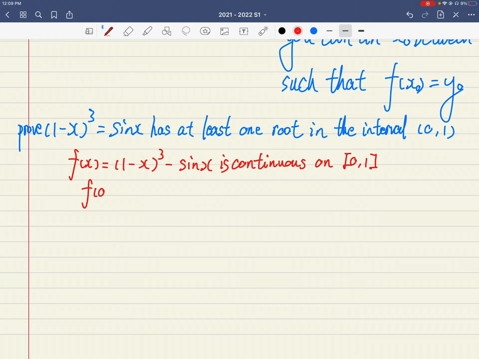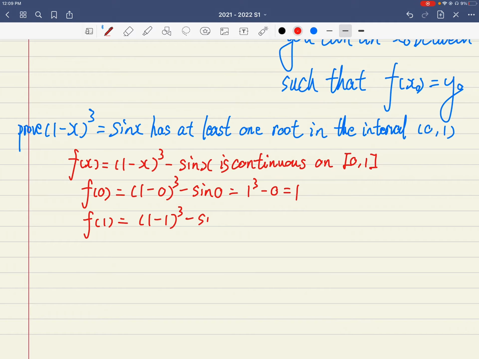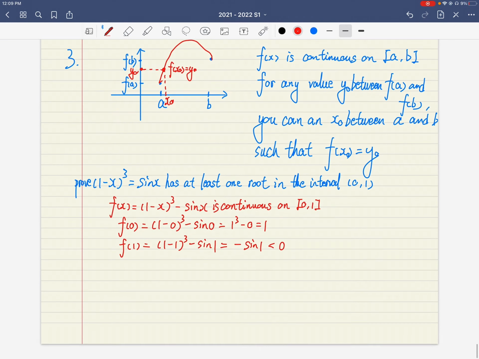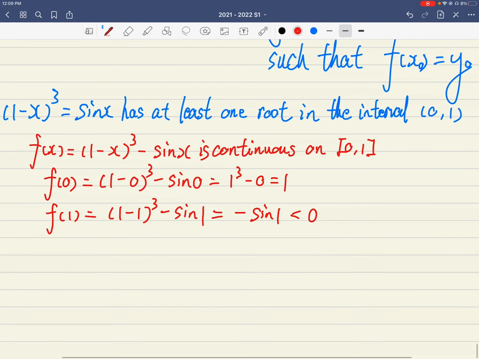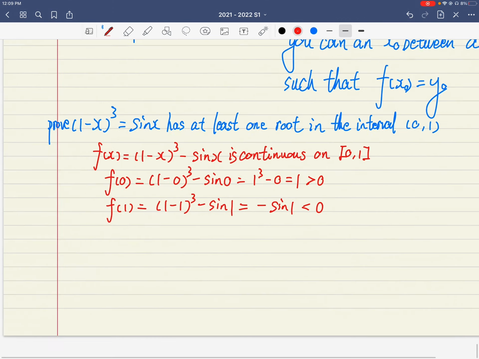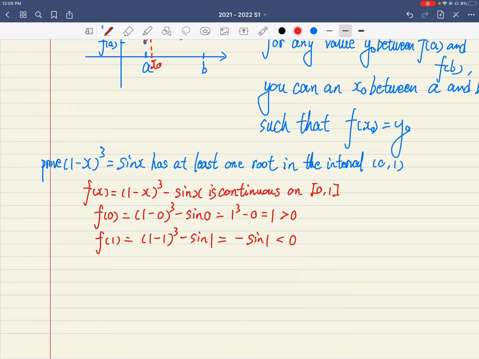The second step is to figure out what f(0) is. Just sub in. It is 1 cubed minus 0, which is just 1. And f(1) is 1 minus 1 cubed minus sine 1, which is just negative sine 1. Use your calculator or not, it doesn't matter, but the thing is it's smaller than 0. Here f(0) is greater than 0.